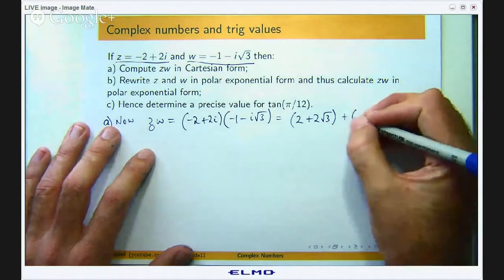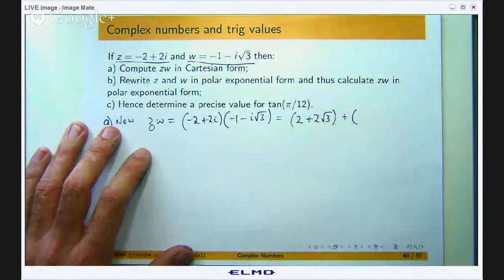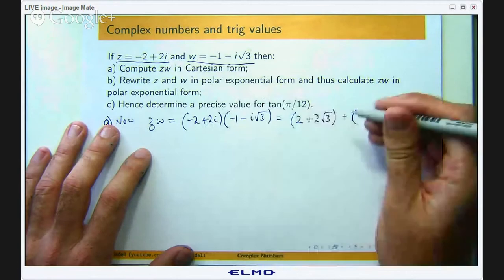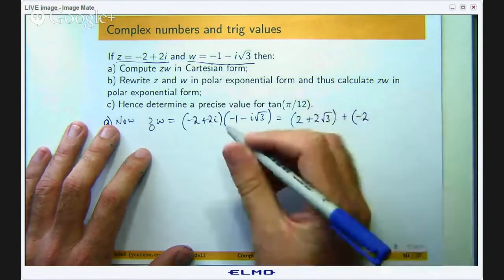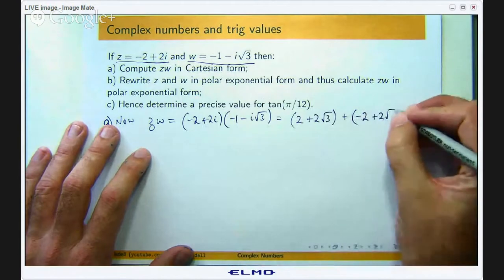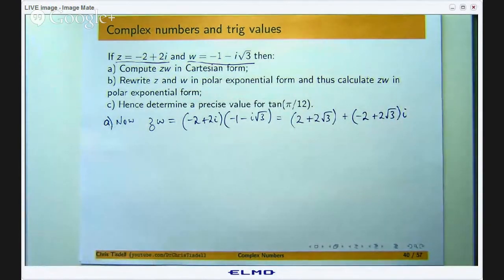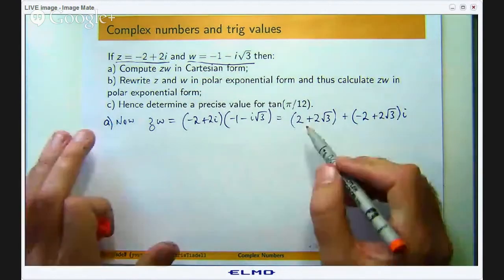So if I write those out, I'll get this. That's going to be 2 root 3, and I've factored out the i. Okay, so that was pretty easy, right?